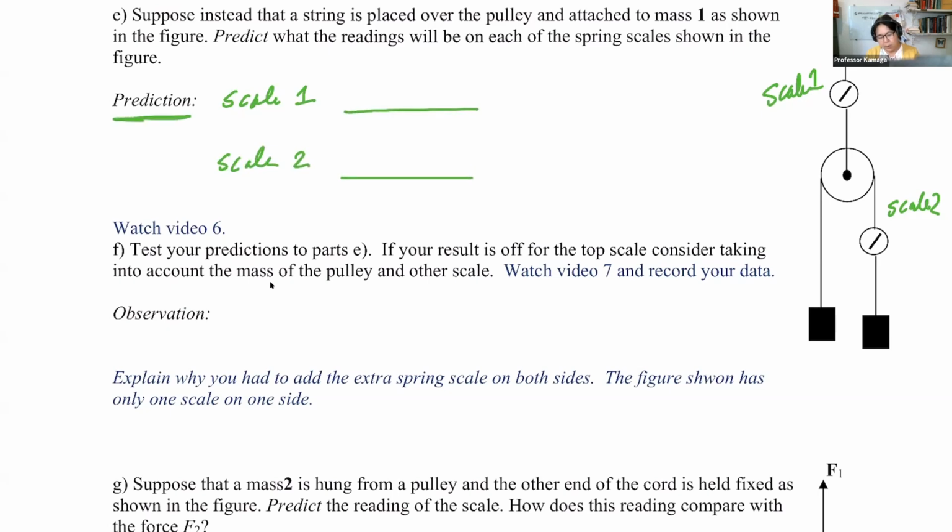You're going to make a prediction. This is going to be toy 1, toy 2.